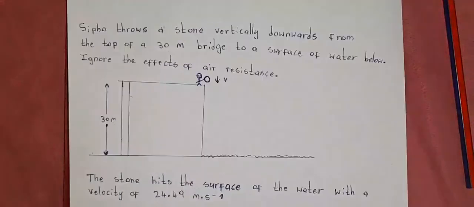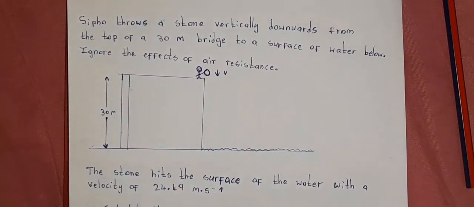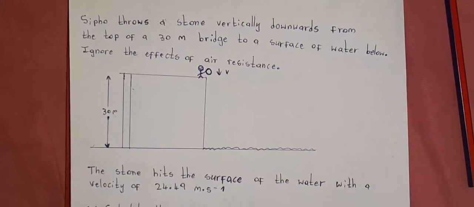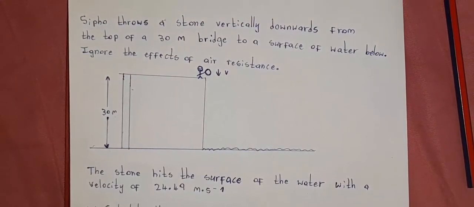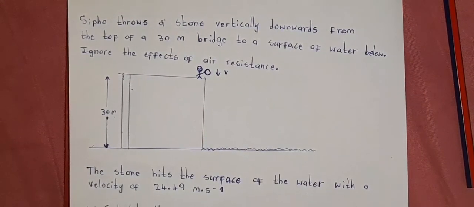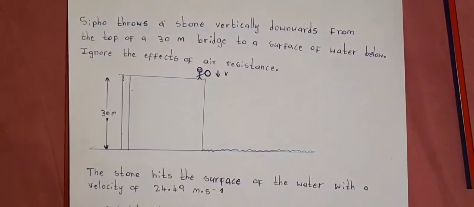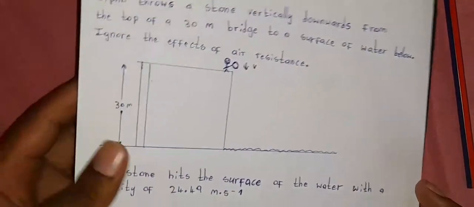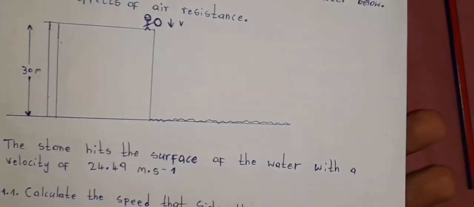Let me check my camera if it's showing well. Okay, it looks like we are in the 15th minute. I didn't want to make this video long, so I hope you can see there.